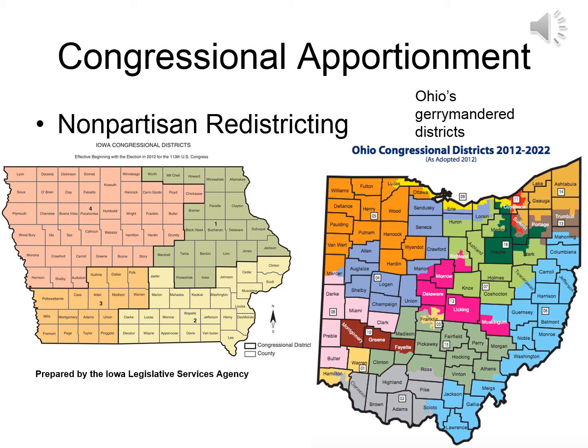And then I also have a map of Ohio. Now, Iowa, in this case, was drawn by an independent commission, and therefore you could argue that those districts are drawn basically in an even pattern. I mean, you could argue whether or not they are completely even. If you're wondering why one district might be bigger than others, it's probably a more rural area.